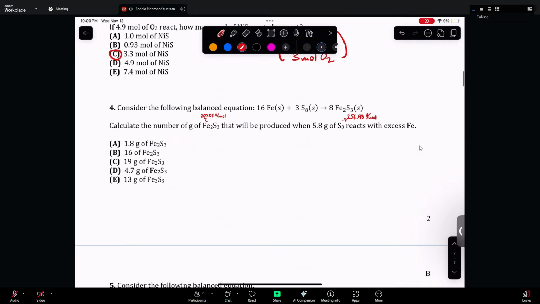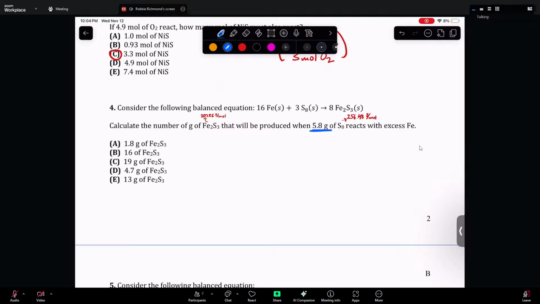Number 4, consider the following balanced equation. We were given this. Calculate the number of grams of iron sulfide that will be produced when that many moles of S8 react with excess Fe. Okay, so basically all we need to do is start with our beginning reactant, convert it into moles using our molecular weight.